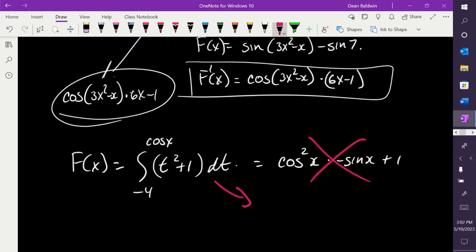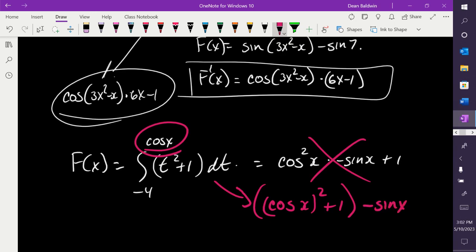What you have to do is put in the cosine and get cos of x all squared plus 1, and then multiply that whole thing by the derivative of cosine, which is negative sine. Okay? And then that's the answer.